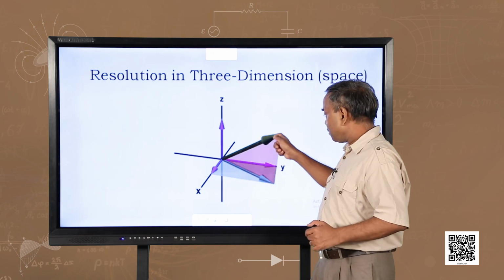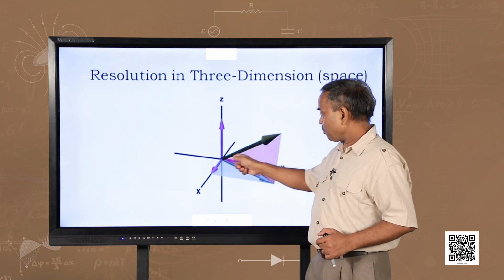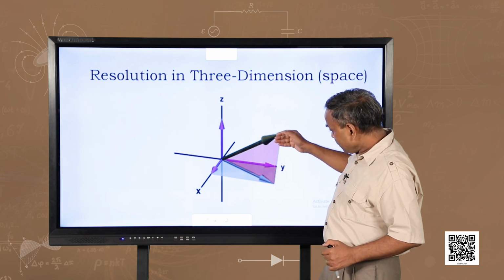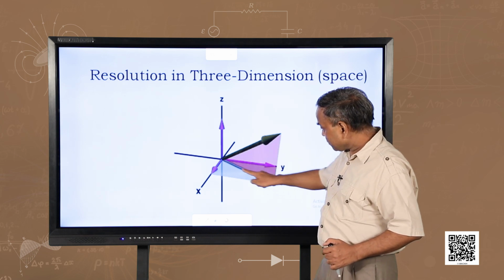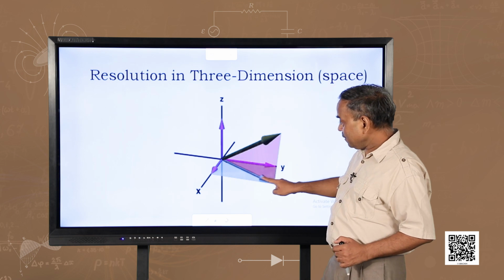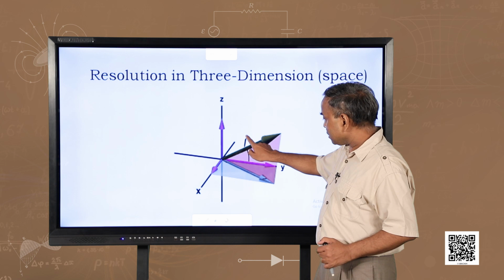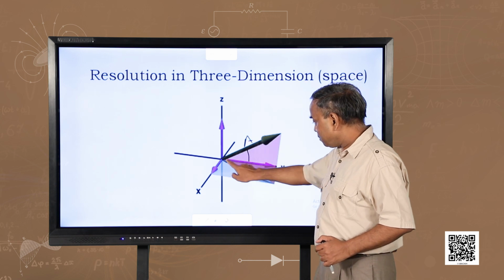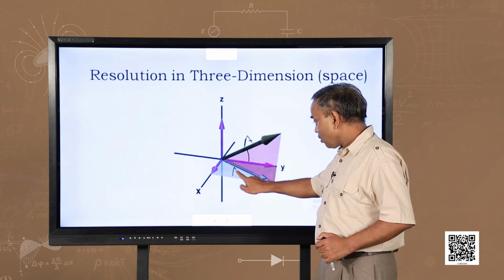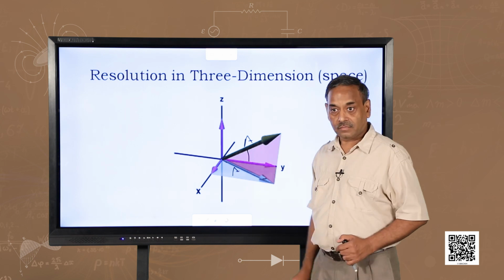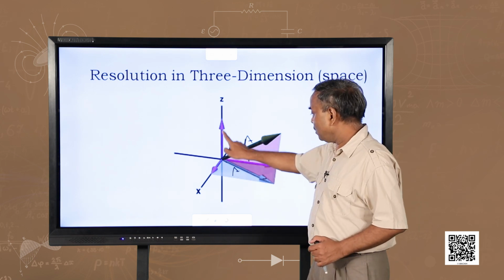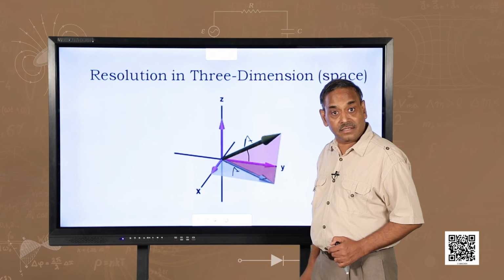This vector is shown by the green arrow. Its projection in the xy plane is this. Suppose this angle is theta and its magnitude is A. Then this will be A cos theta, and this blue one will be A sin theta.